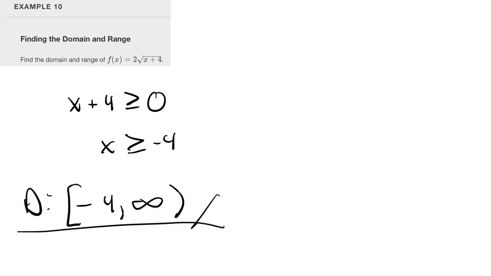For square root functions, in general, the range goes from 0 to infinity. We did not move it up or down at all. I think we stretched it vertically, but we didn't move it up and down.